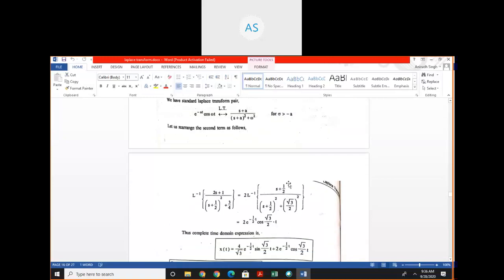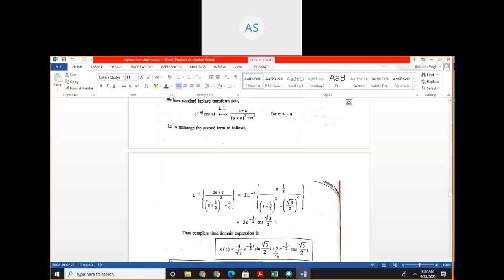Then rearrange the second term as follows. This term is rearranged like this: s plus a divided by the square of s plus a plus omega squared.